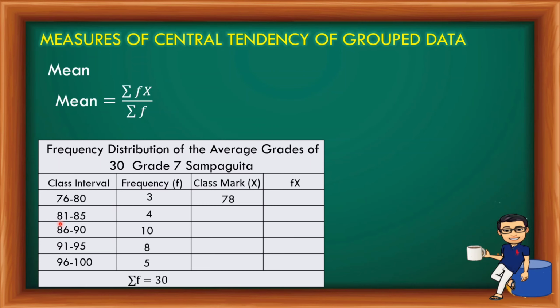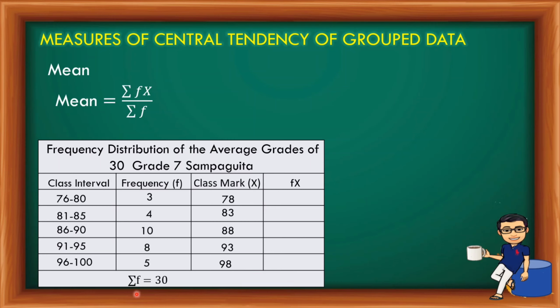Same way with this, 81 plus 85, that will be 166, divided by 2, answer is 83. We have 86 plus 90, that is 176, divided by 2, that will be 88. Same with this, 91 plus 95, divided by 2, answer is 93. 96 plus 100, divided by 2, that will be 98.